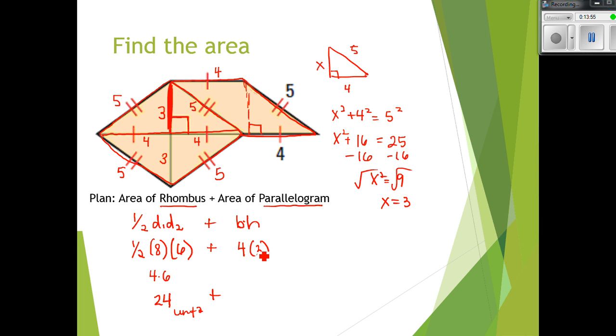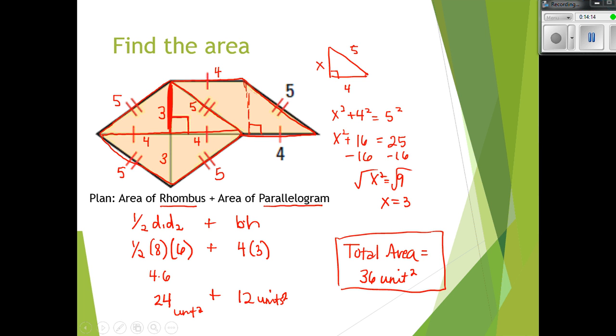Plus 4 times 3 is 12 units squared. I add those two together, and I get a total area for this whole figure of 36 units squared. All right, that's the last example.